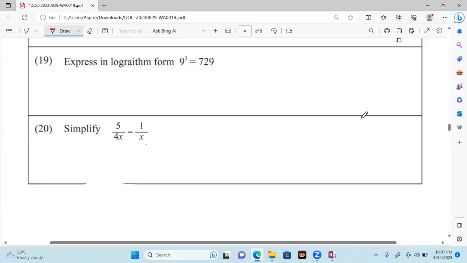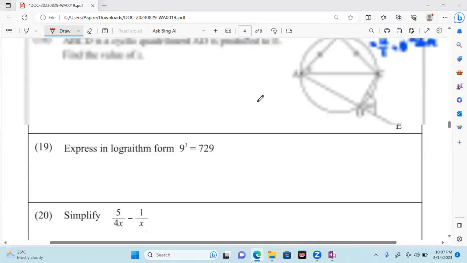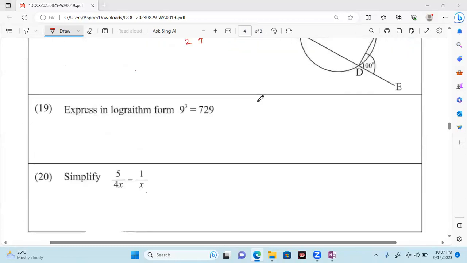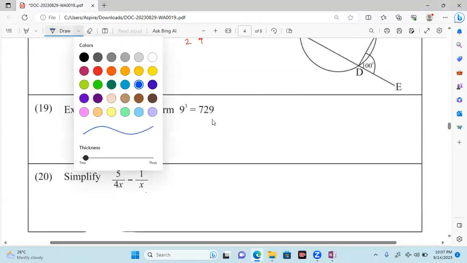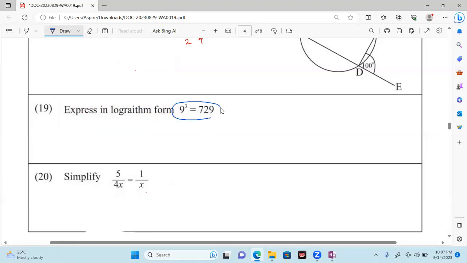Let's go to the next one quickly, 19. Express in logarithm form. This is in index form. We have to express this in logarithm form. We write LOG, then we write the base at the tail of the G. Always bases are equal, therefore it is 9.